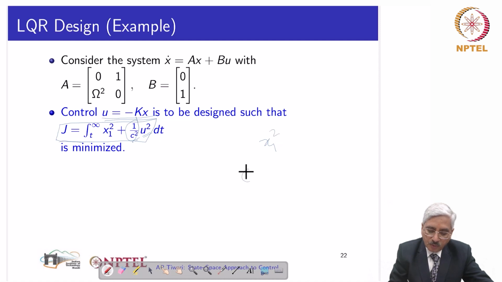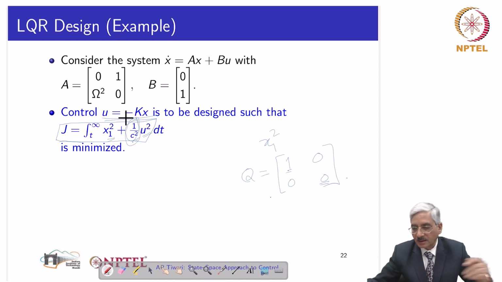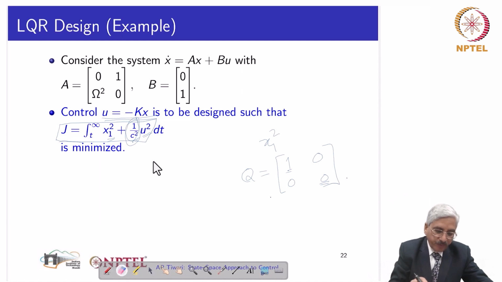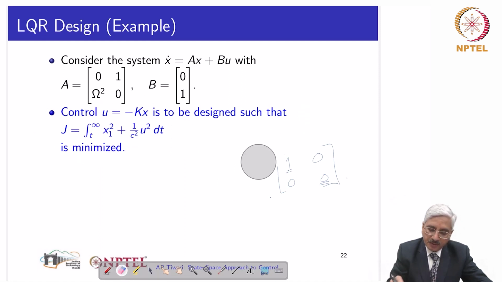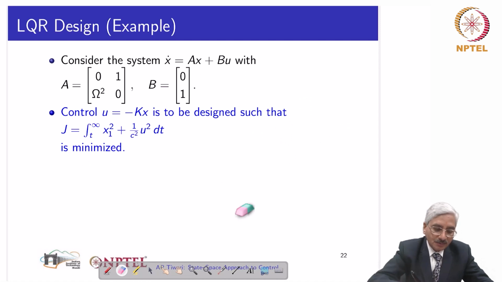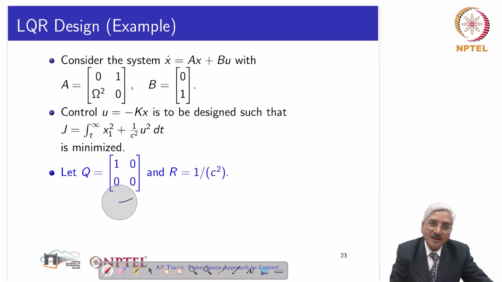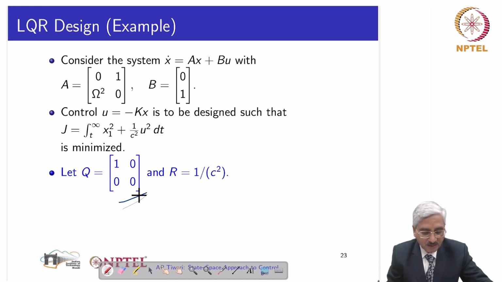X1 square means that the Q matrix is essentially [1 0; 0 0], and for u transpose R u, there is only one input, so R is 1 by c square. This is the second order system with this performance integral to be minimized, and as I explained, we have Q as [1 0; 0 0] and R as 1 by c square.